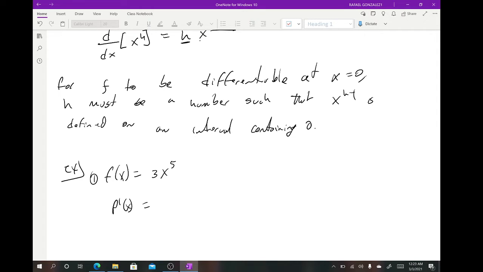And I actually began with a more difficult example than I needed to, so I'm going to remove that 3 from there. n here is 5, so f prime of x is going to be equal to n times x to the n minus 1, but n here is 5, and n minus 1 is 5 minus 1, which is 4. So that means that f prime of x is equal to n, which is 5, times x to the 4 by the power rule.